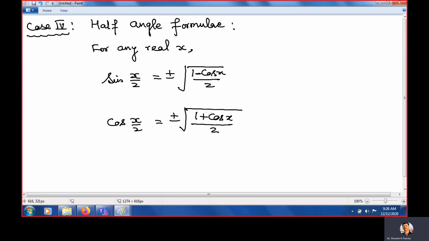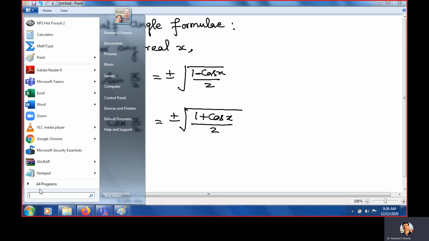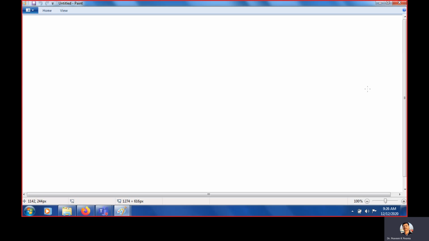Here we will find two types of problems. Two types of problems means the value of cosine x is given and you are asked to find the value of sin x by 2 or cos x by 2. So this is the first type of problem that we might have here. What is given?